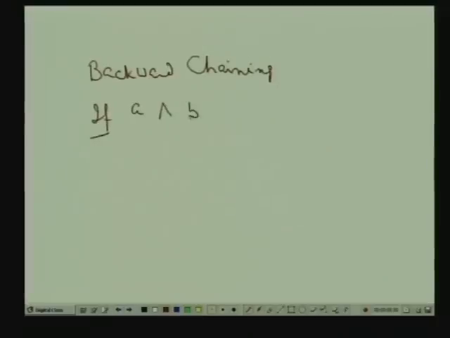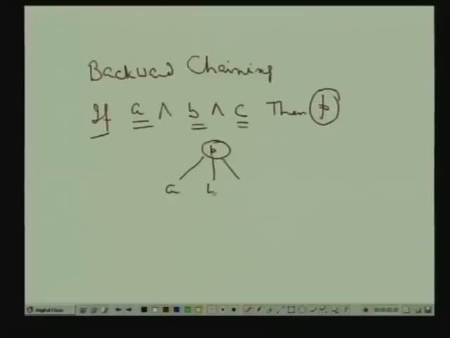Unlike forward chaining, in backward chaining, say we have a rule like if A and B and C, then P, and there are other rules also, and I find that I have to prove P. So, I start with P, and that tells me that I have to prove A, B, C, and maybe in the working memory A and B are true.